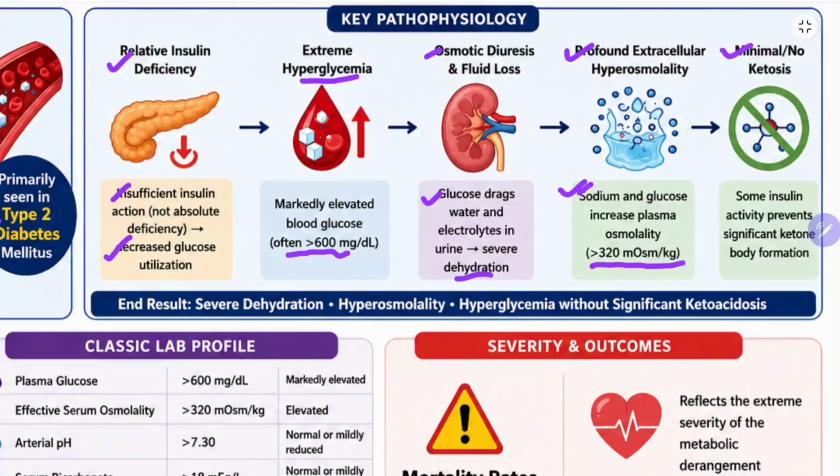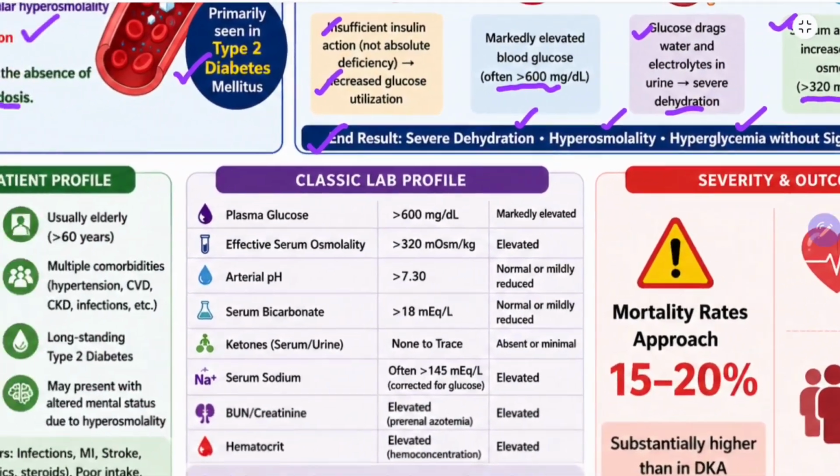There is minimal or no ketosis, as some insulin activity prevents significant ketone body formation. The end result is severe dehydration, hyperosmolality, and hyperglycemia without any significant ketoacidosis.